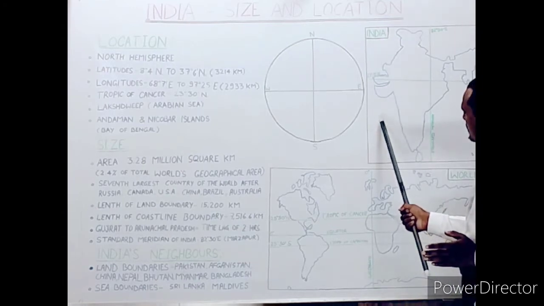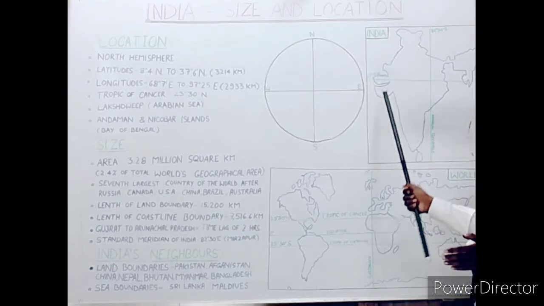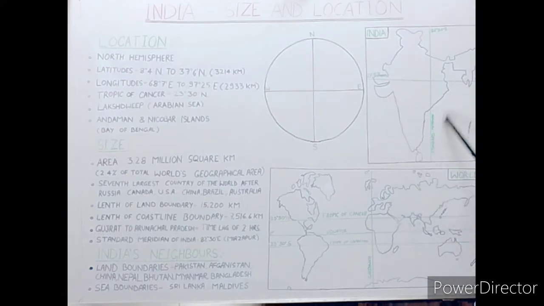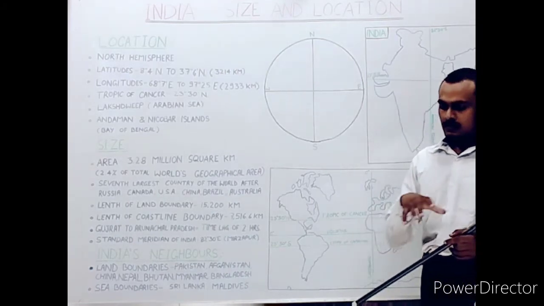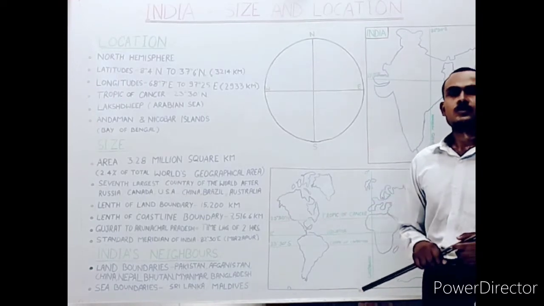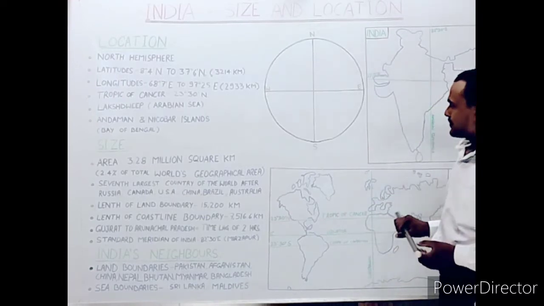From here we see Gujarat to West Bengal, Kerala, Tamil Nadu, Odisha, Andhra Pradesh. In these states we find the coastline.